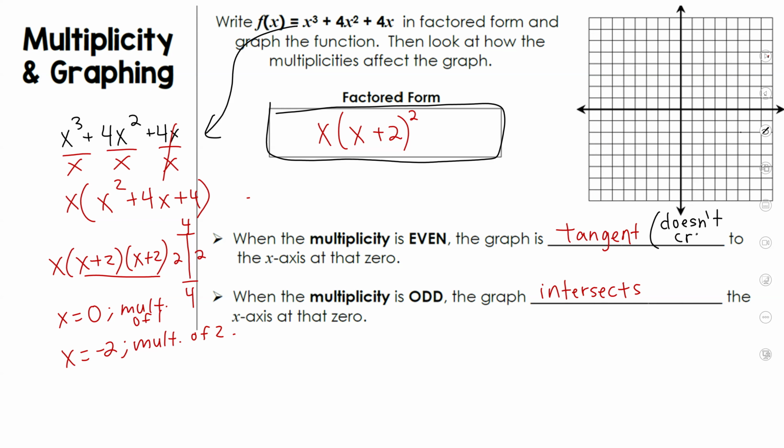Doesn't cross. Intersects means it will cross. Those are the technical terms. Tangent and intersects. Now, remember, these are your x-intercepts. Those are your solutions. So go ahead and plot them on the graph. You have one at 0, and you have an x-intercept at -2.